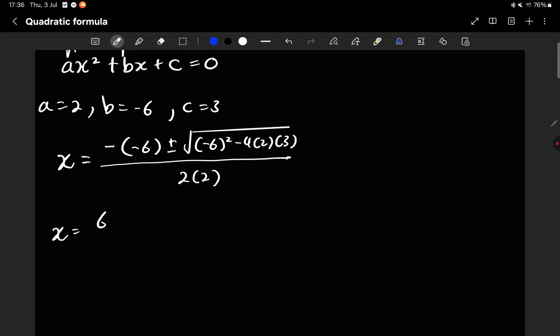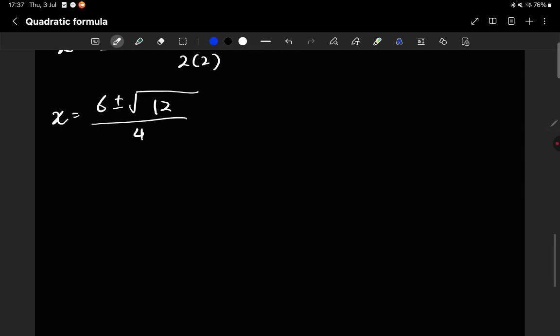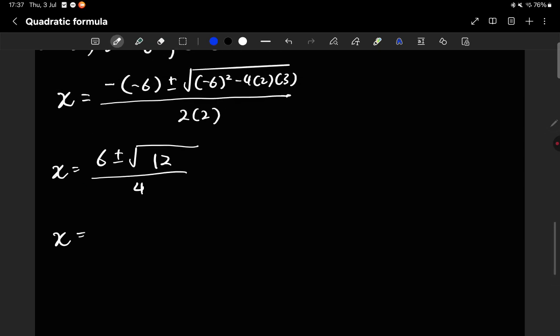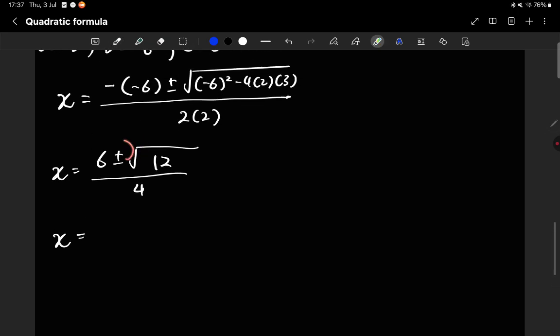Negative times negative 6 gives us 6 plus minus, and we can solve directly. Negative 6 squared minus 4 times 2 times 3 gives us 12, and 2 times 2 is 4. We're done with that, and the next step is to split this. We get x equals 6 plus root 12 over 4, and x equals 6 minus root 12 over 4.